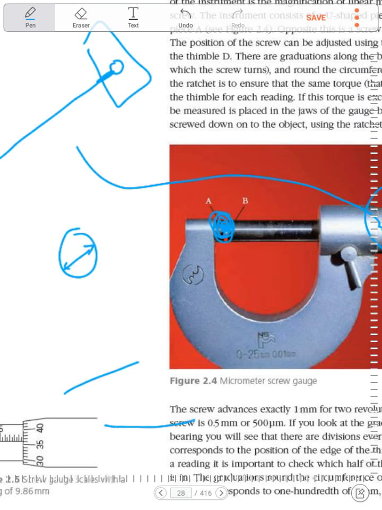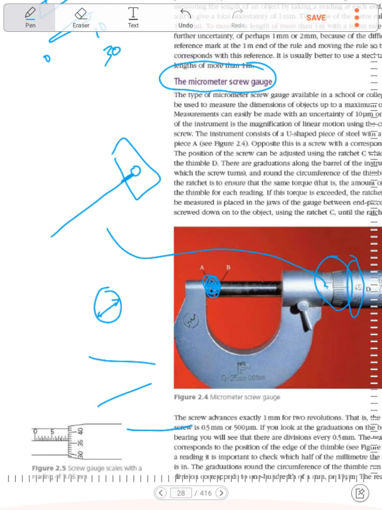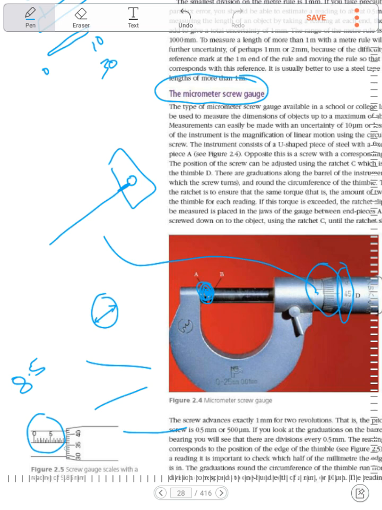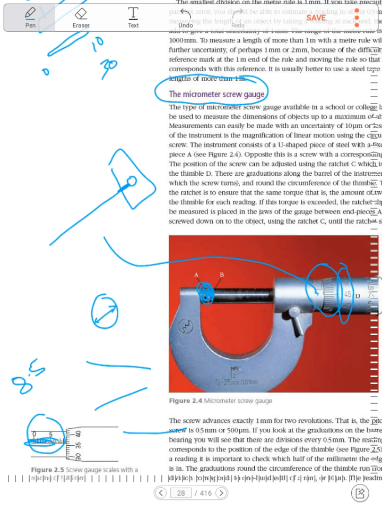Let's see here. Here the value is 5.5, 6, 7, 8.5, okay. Here the value is 8.5. You see the last number seen on this rod, okay? Then take the number on this screw, okay?